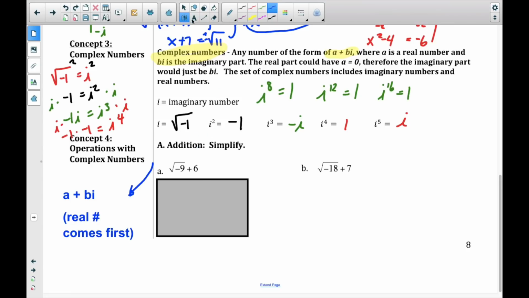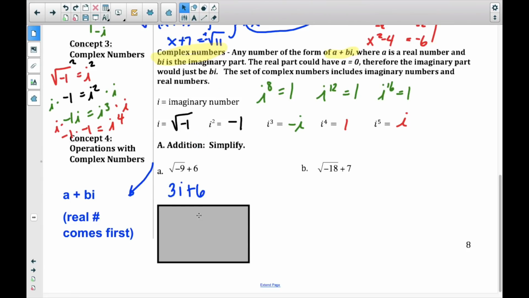So as we do this first one, we simplify that square root of -9 down to 3i, and then we have a plus 6. We are almost done, but we need to have it in the correct, standard form, so we need our real number first, and then the imaginary number after that.